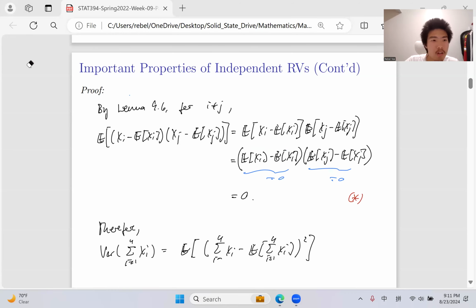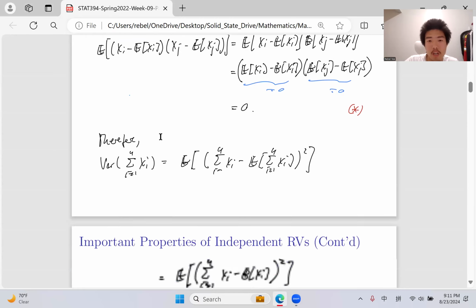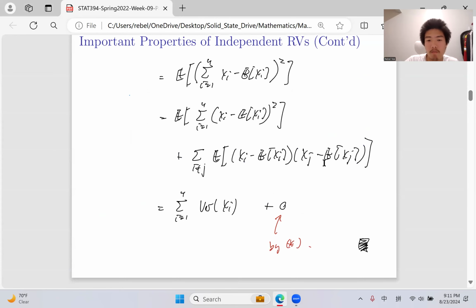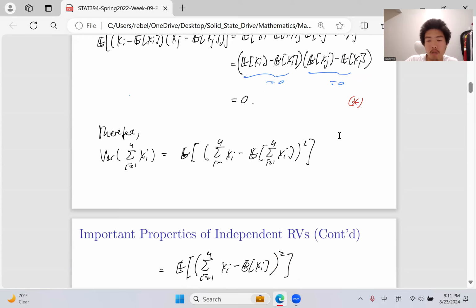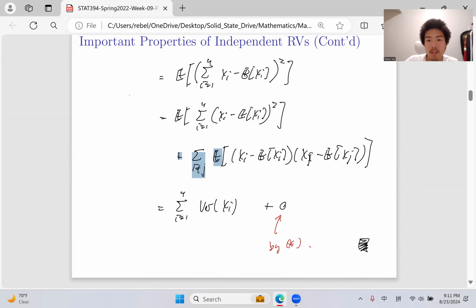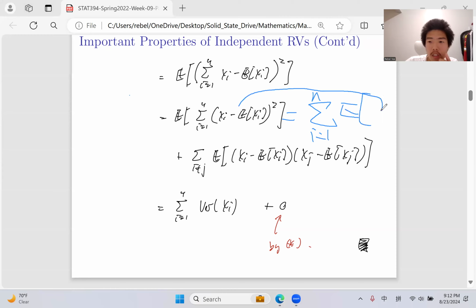So by independence, in the independent situation, they are equal to 0. So this term is equal to 0, but this term remains the same. And what this term is, let's find out, it's a summation of the variance, because if we do one more step, it can become the sum from i equals 1 to n of the expected value of the things inside.